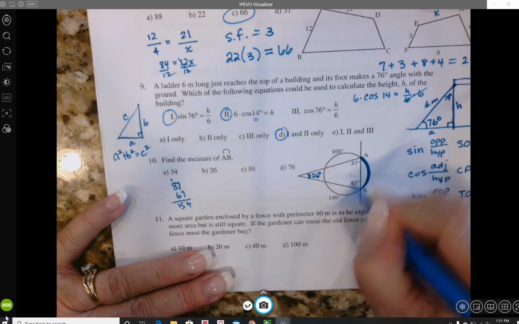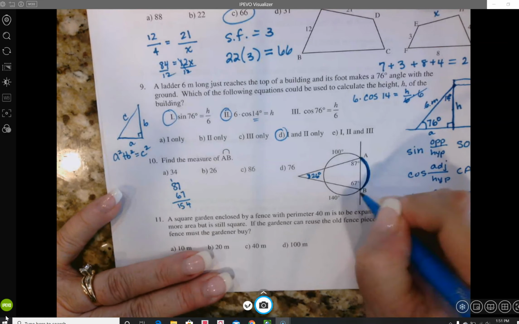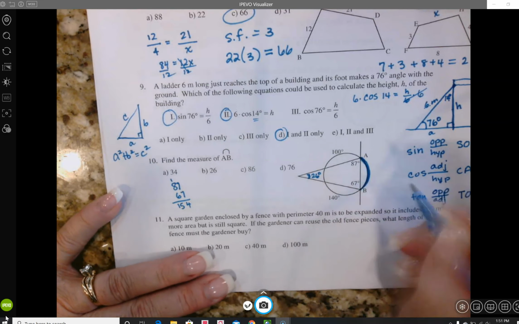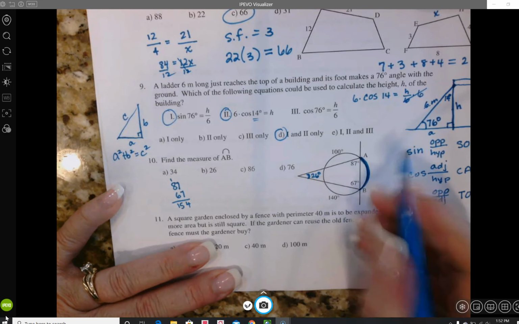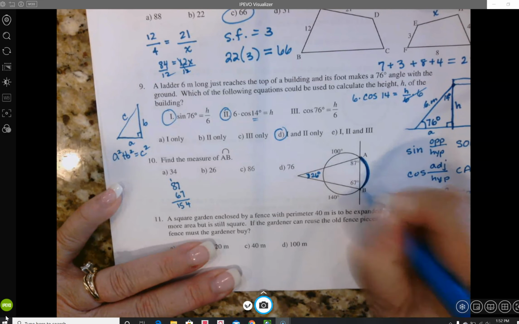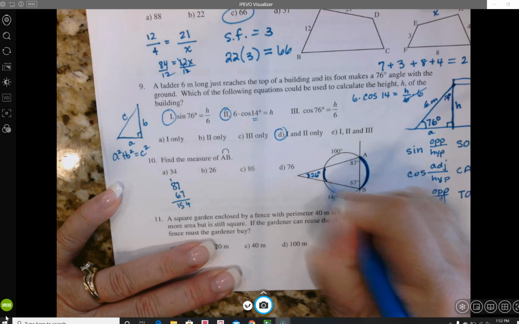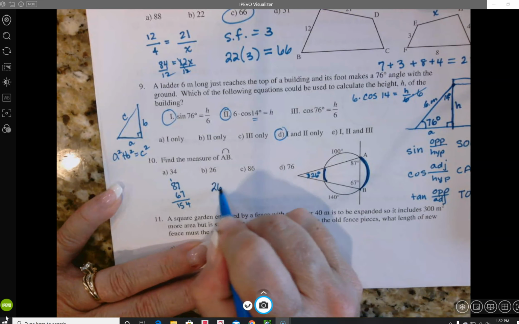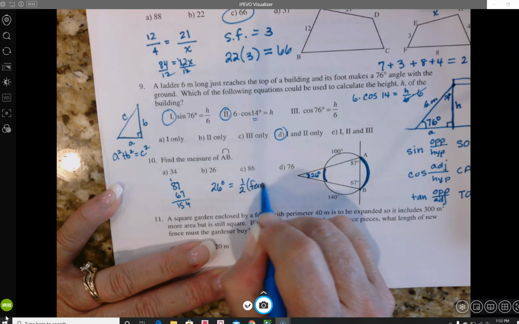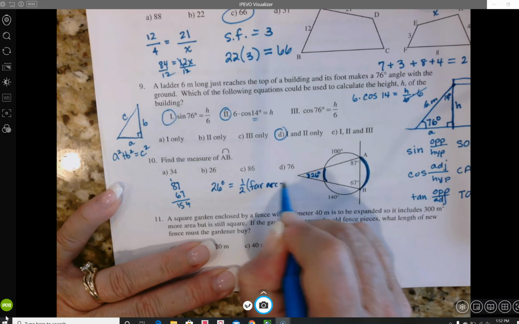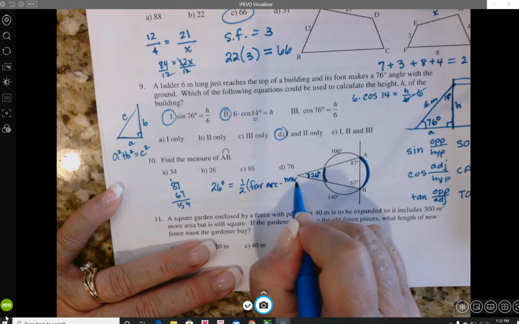Okay, so I just looked up a couple of formulas and some reminders for myself, and it looks like when I have this 26 degree angle here, what we've got are our far arc and our near arc. So 26 degrees is going to be half of whatever the far arc minus the near arc is.